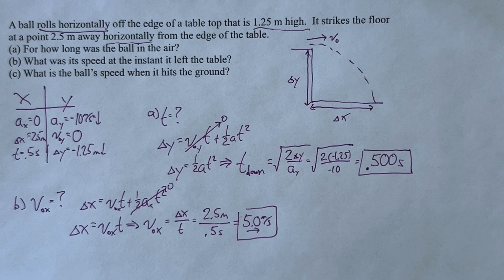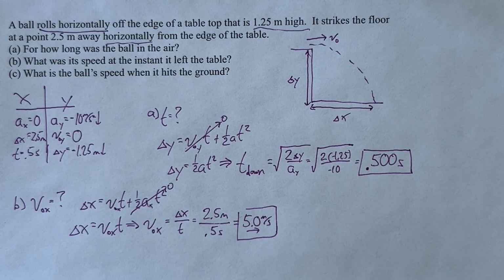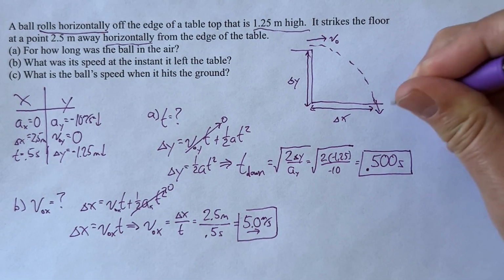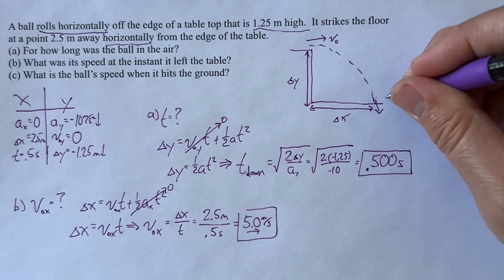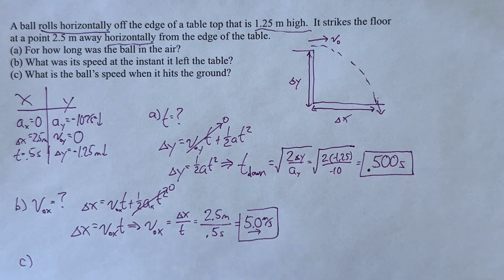Okay, our last question was, what is the ball's speed when it hits the ground? So our velocity down here, when it's not only traveling forward, but downward. So for part C, it's V final.